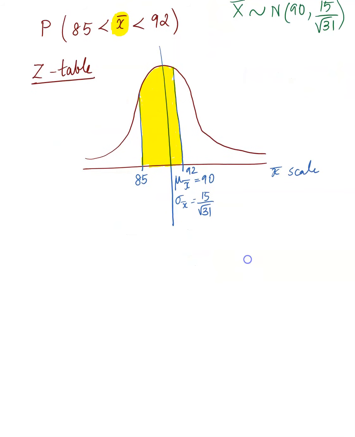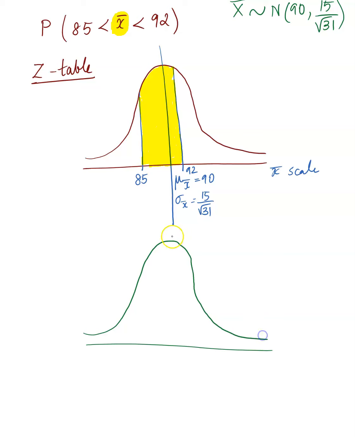And we know that with the z table, we have to translate this to a z conversion, and so the mean here is 0 and sigma is 1. So I'll get the corresponding 85 mark here.